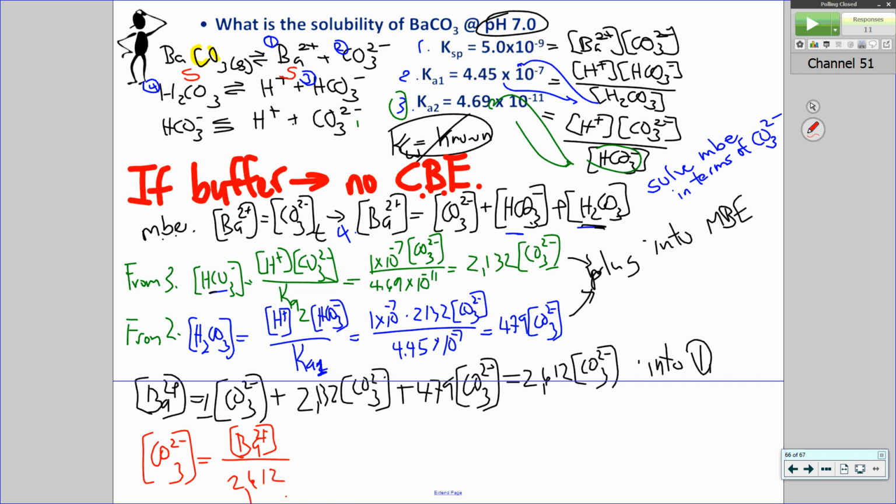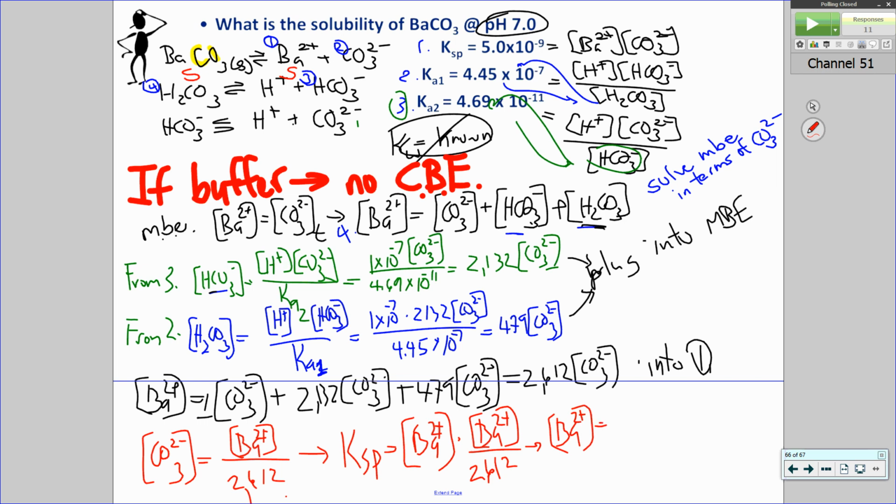Okay, now I can substitute that into KSP. KSP is equal to the concentration of the barium times the concentration of the barium divided by the 2612 for the carbonate. That says that barium squared is equal to 2612 times KSP.